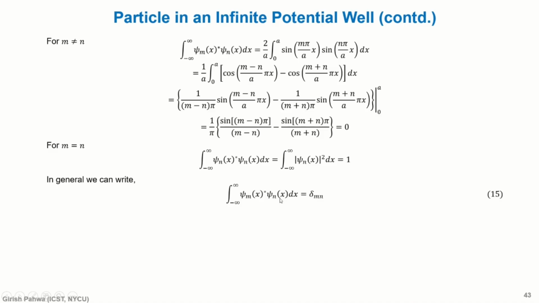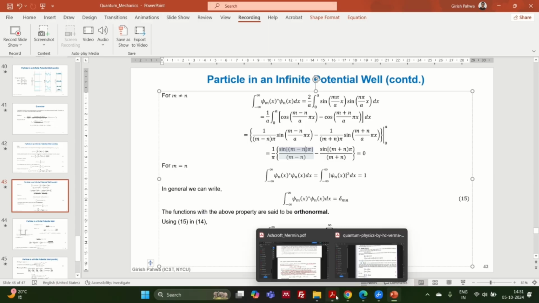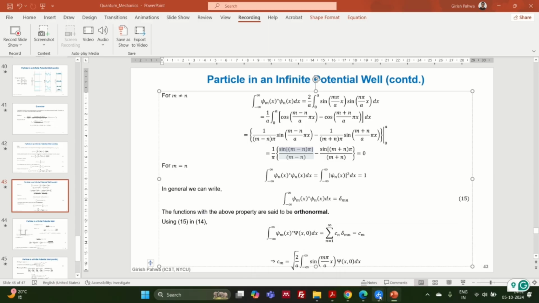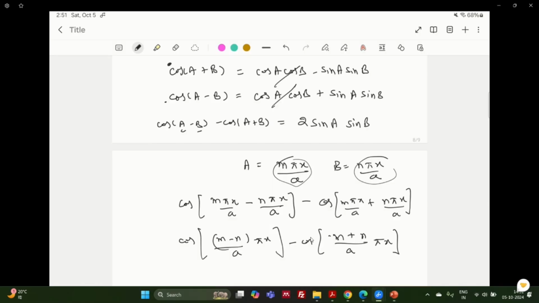So how do I write it in the form of a dot product? I know that psi 1, psi 2 in the bracket notation gives me the integral of psi 1 star psi 2 dx. That's called the dot product. So what about psi m and psi n? If I write psi m psi n from minus infinity to infinity, it gives me psi m star psi n dx.